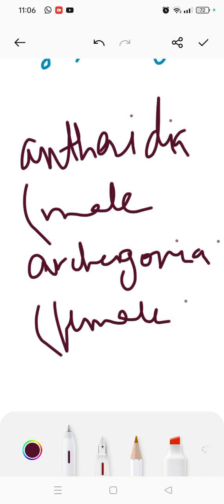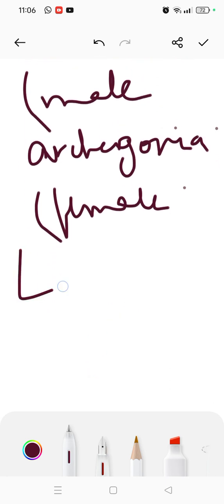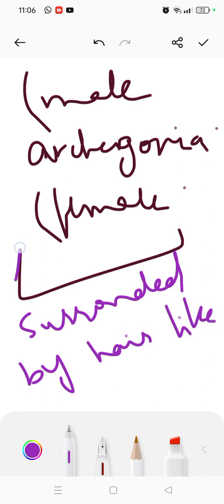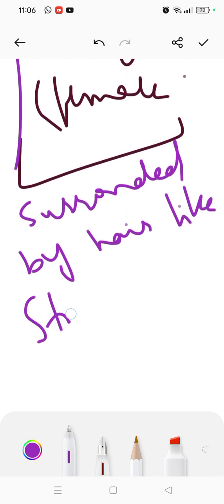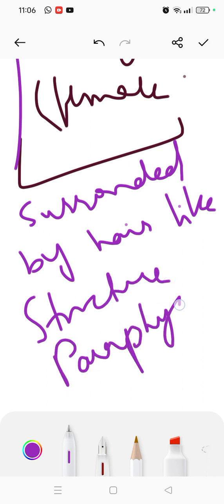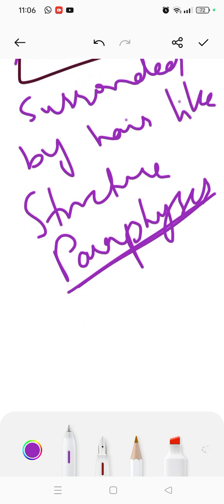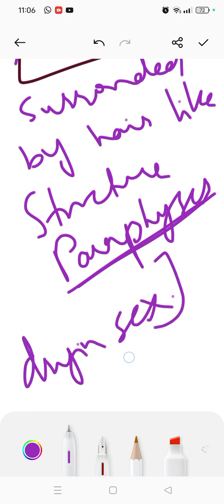They are surrounded by hair-like structures called paraphysis, and you will see they help in preventing drying of the sex organs. So I'm sure it's clear.